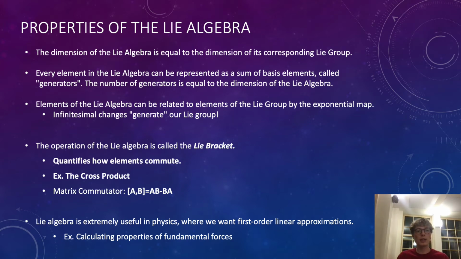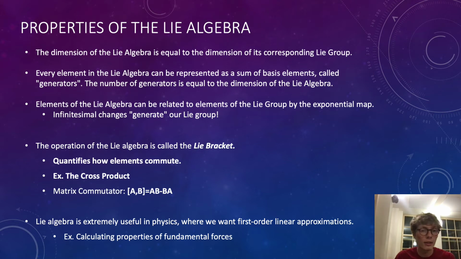And so in that sense, we can think of these elements of the Lie algebra as generators of infinitesimal movements of our Lie group. This gives us a really useful vocabulary to talk about generators of the Lie group, which are more difficult to talk about than generators of finite groups.